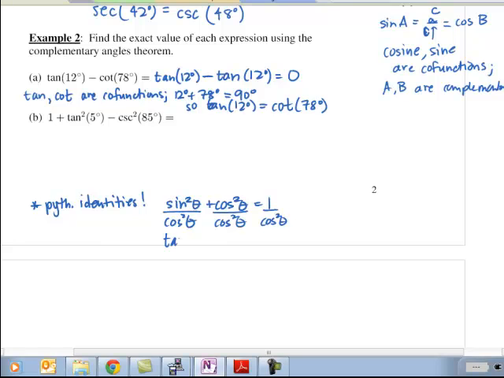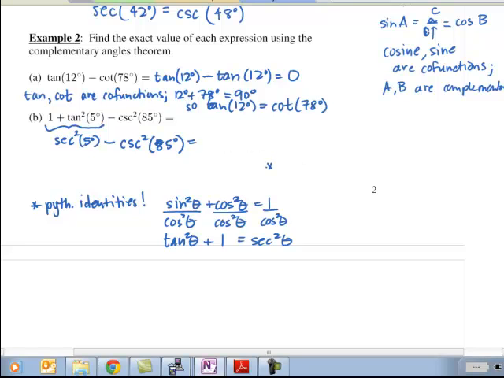So one plus tangent of any angle squared is the same as secant of that angle squared. So we can replace this piece with secant of 5 degrees, keep the angle the same, squared. And now we've got a pair of cofunctions at least, and we have complementary angles.